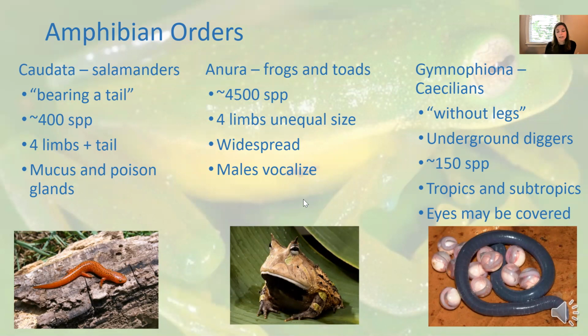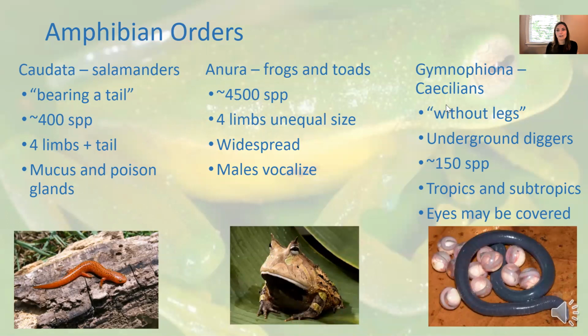These are widespread across the world, and the males will vocalize in many species. So again, it's not across the board. We'll talk about some exceptions, but in general, males vocalize for different reasons, a big one being breeding. And we're gonna learn some of those frog and toad calls in class, so that's always fun.